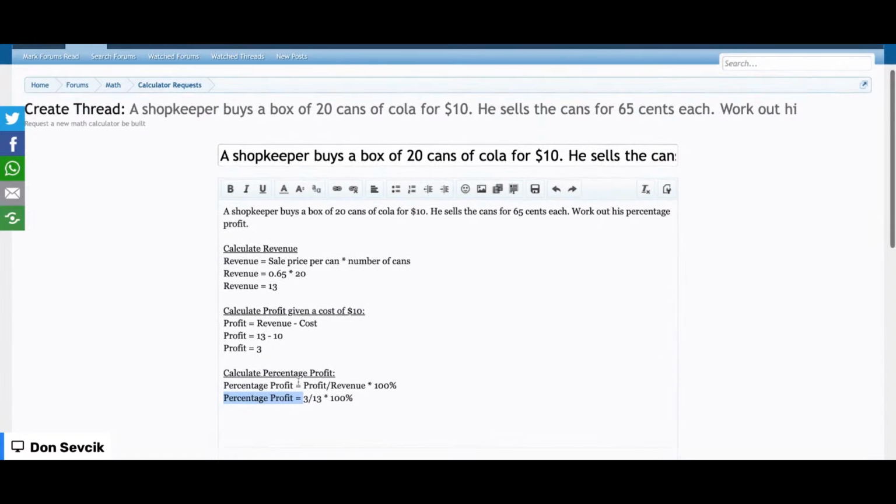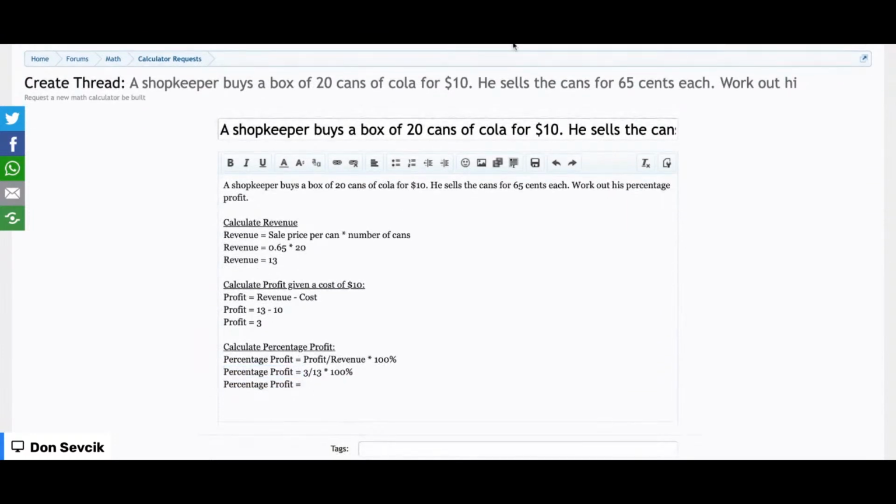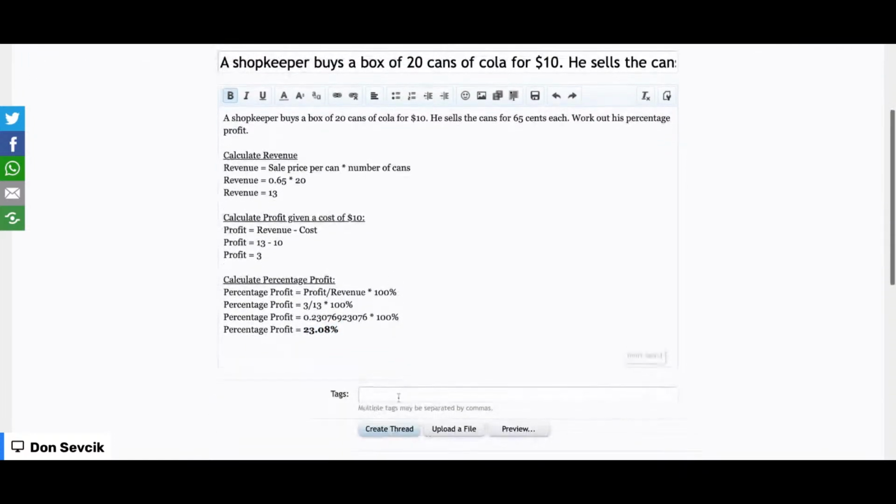Profit 3 divided by 13, times 100%, percentage profit equals 23.08%. Why? Because we're going to round up this one since this is greater than 5. So this is our percentage profit on our revenue. So we've got profit, revenue, cost, percent.